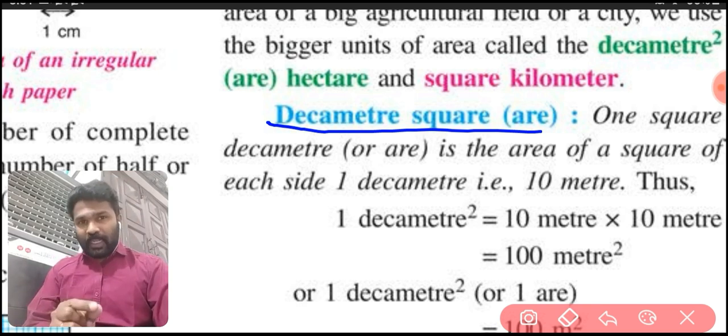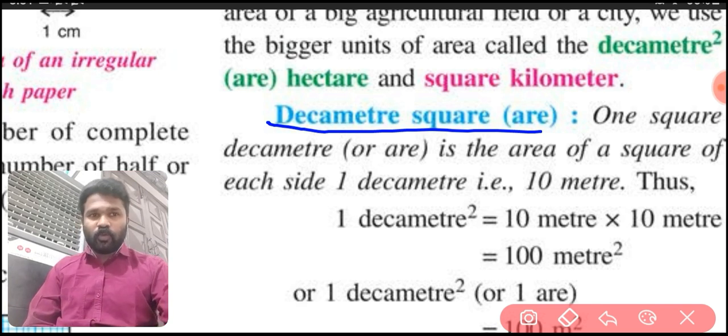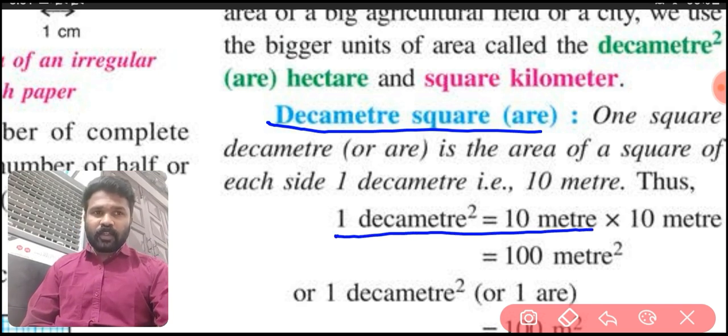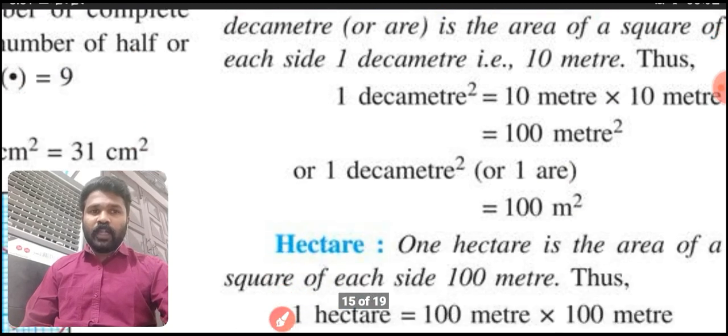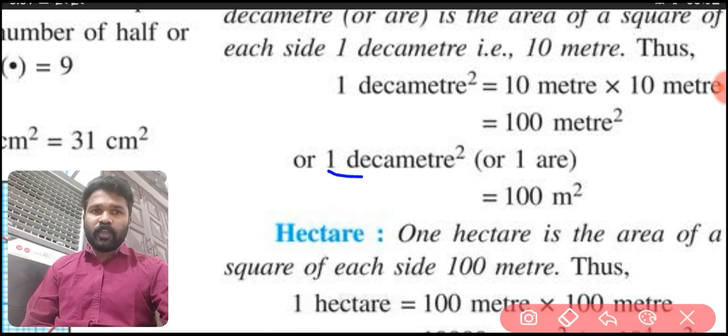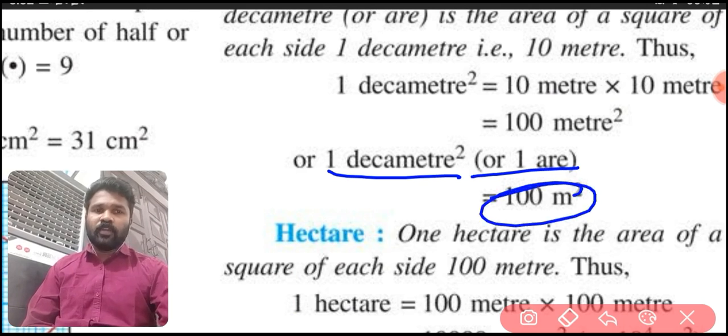Thus 1 decameter square is equal to 10 meter into 10 meter, that is 100 meter square. So 1 decameter square, or 1 are, is equal to 100 meter square.